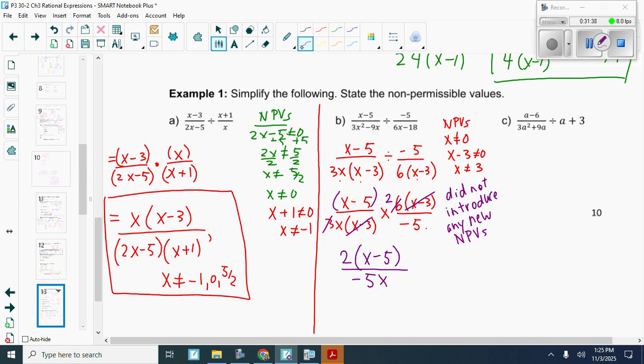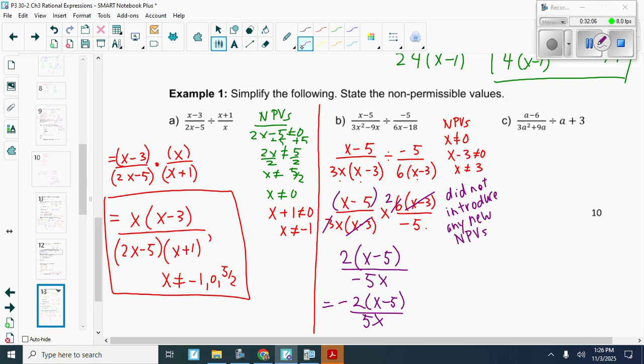What's the final thing that I need to do to finish the simplifying? Convention says that we don't keep negative signs on the bottom. So we just need to float this negative sign up to the top. So we have -2 times x minus 5 all over 5x.